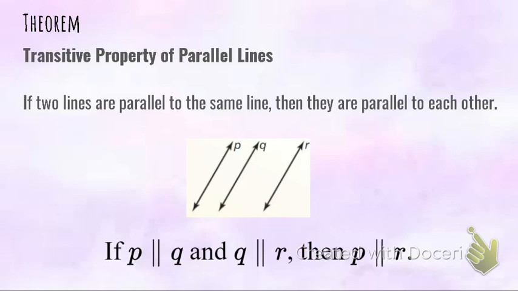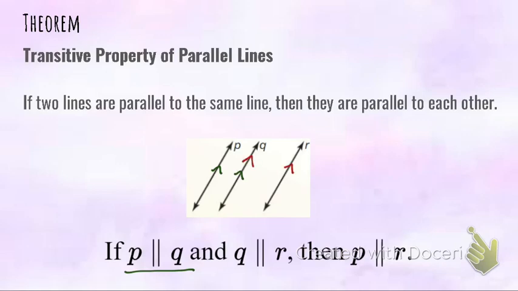If two lines are parallel to the same line, then they are parallel to each other. So if we see here, let's do green. If P is parallel to Q, remember, we show parallel by arrows, and we know that R is parallel to Q.